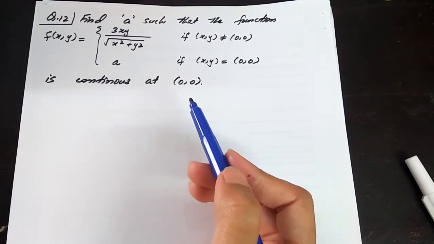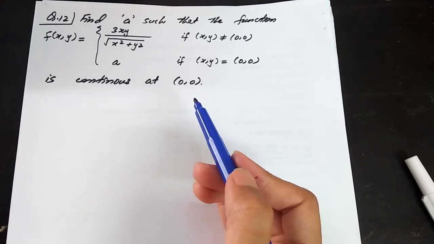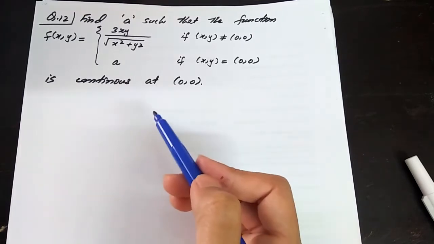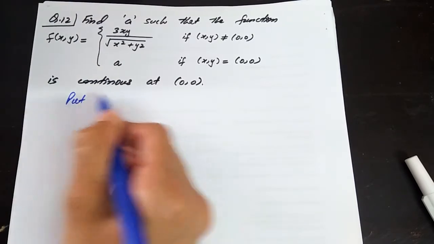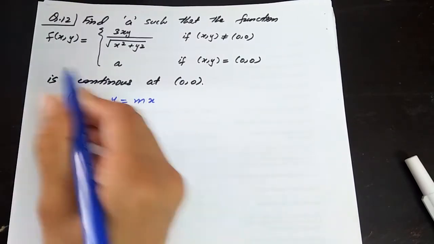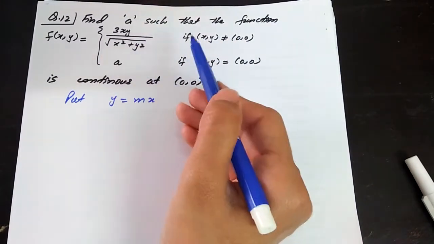For that purpose, we are going to approach our function for the limit from the line y equals mx. So put y equals mx in our function when (x,y) is not equal to (0,0), because we have to apply the limit.